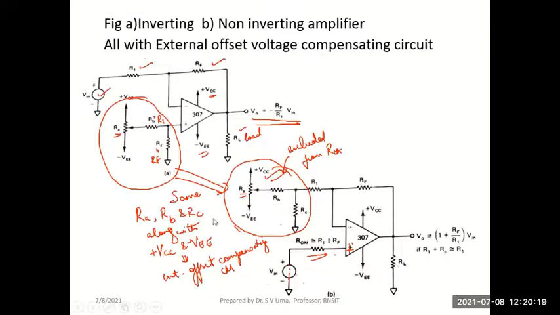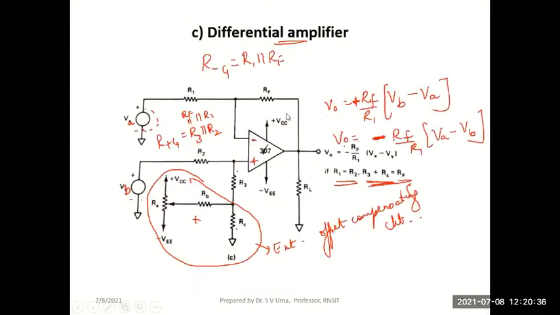And that is done even in these op-amp DC amplifiers where we have used external offset voltage compensation. So whatever I've shown within the circle, we discussed how it will help us in compensating and removing the error.